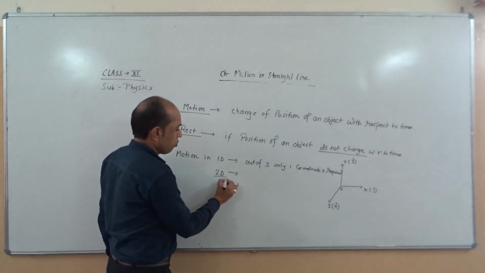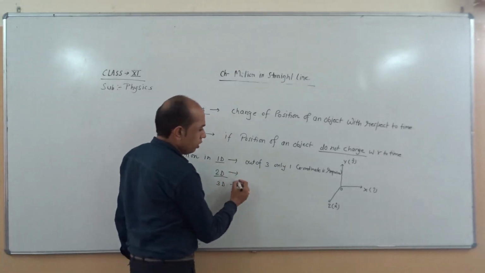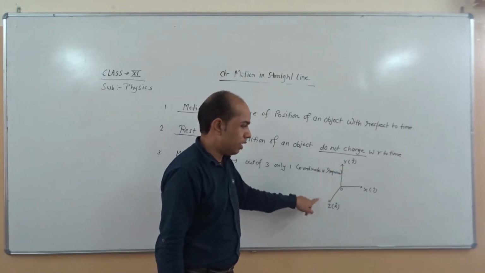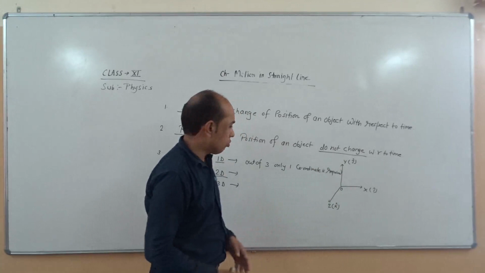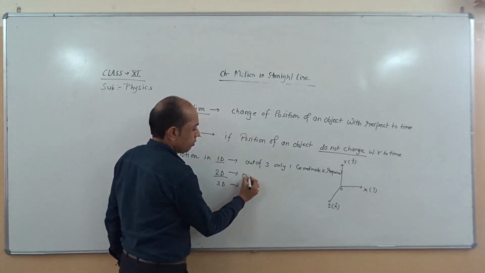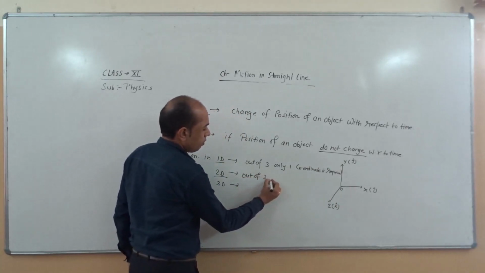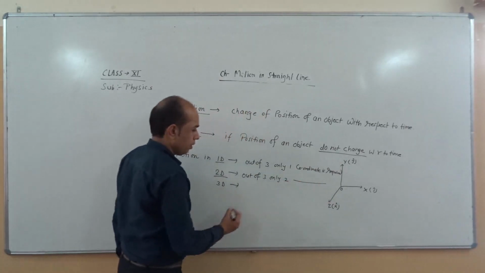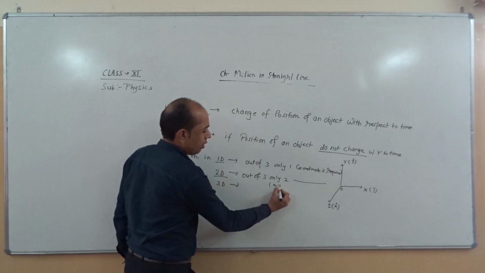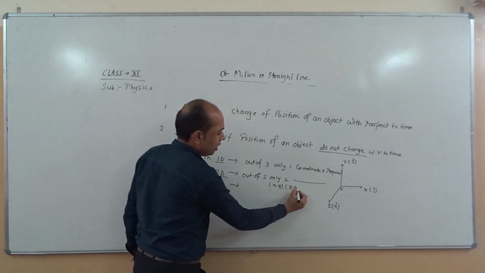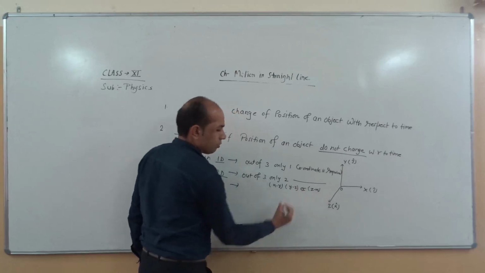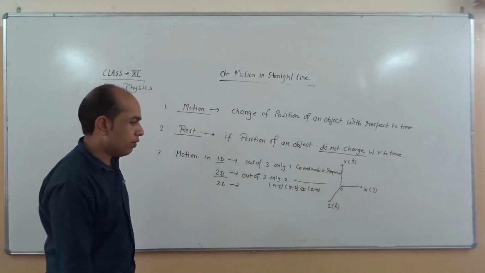Similarly, if we talk about two dimensions, maybe the pair of xy, yz or z with x. So out of three, only two coordinates are required.